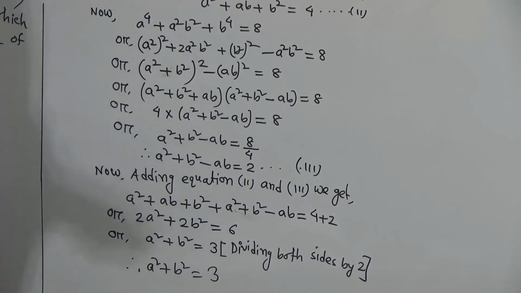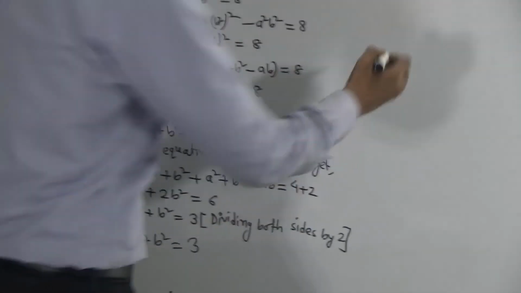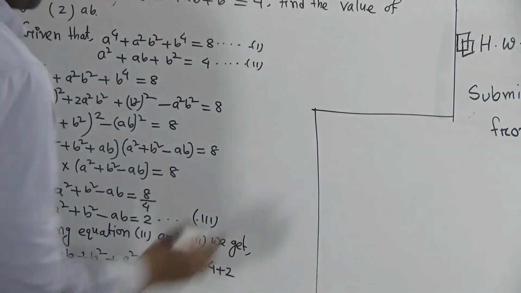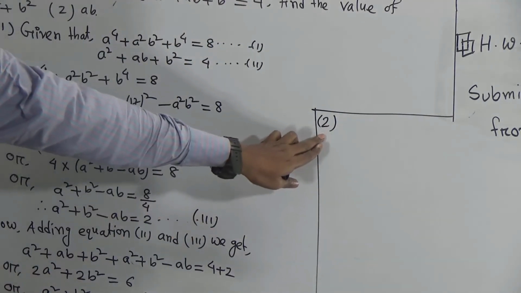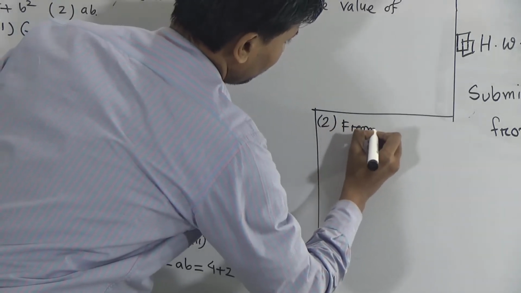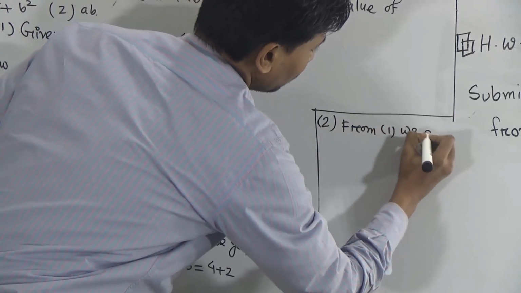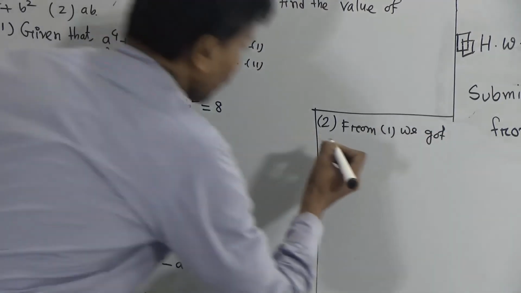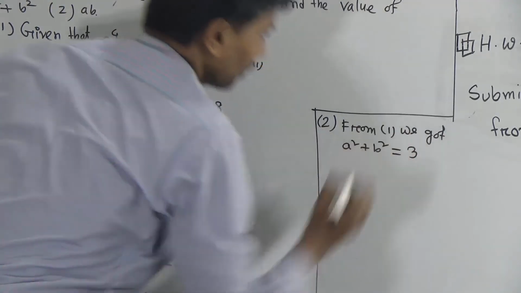Now I will solve the value of ab. Okay, let's solve the second part. From equation 1 we got a square plus b square equals 3.